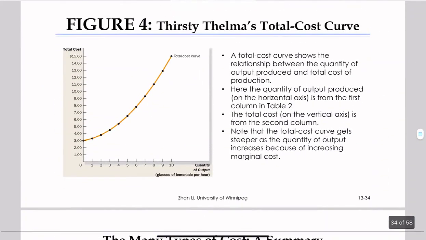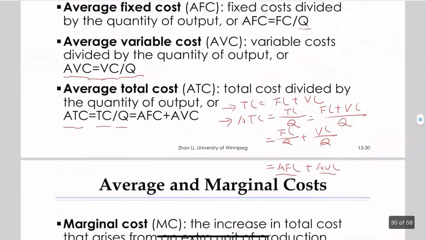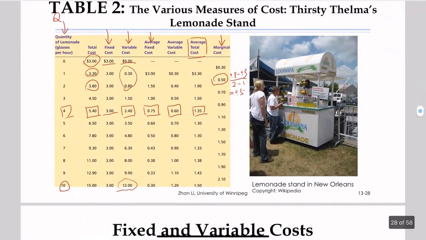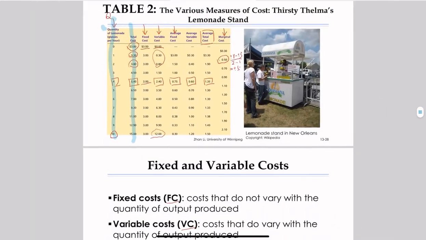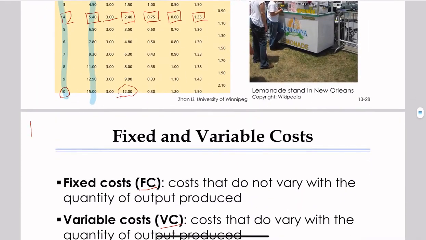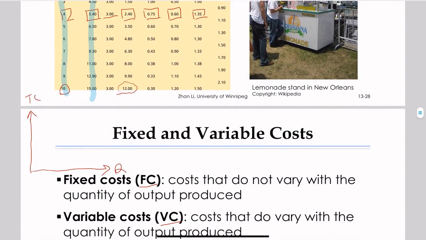So if we draw out these two columns, we can draw our total cost curve, right? So how do you draw this total cost curve? Well, okay, let me draw it here. So this is quantity, and this is total cost.